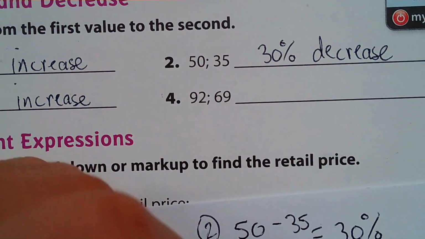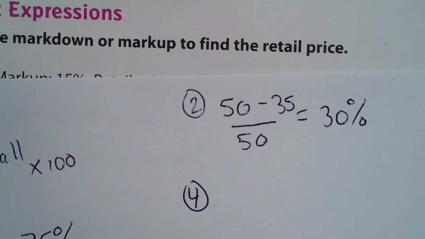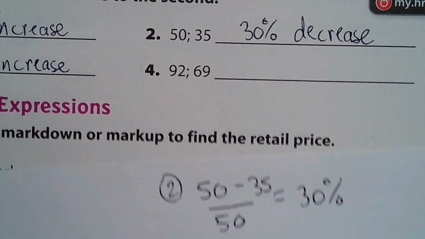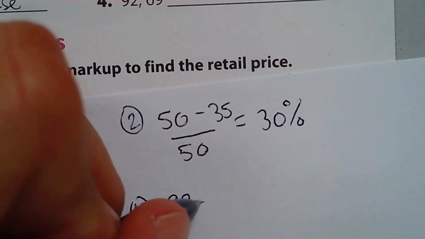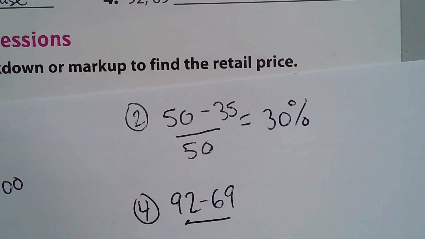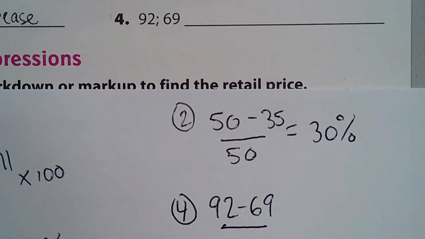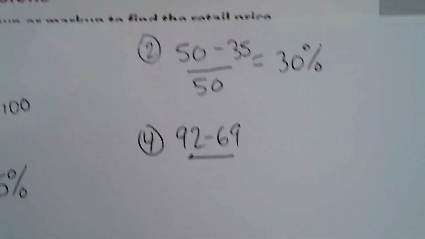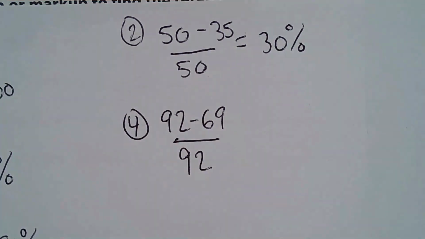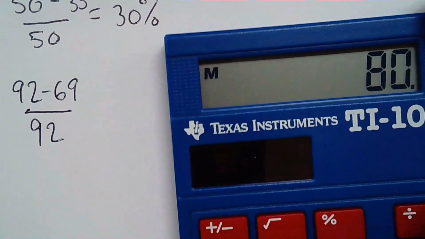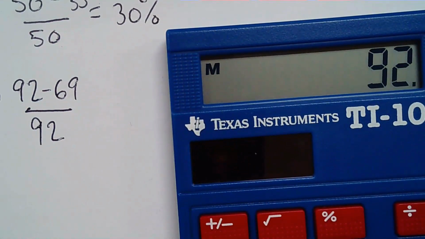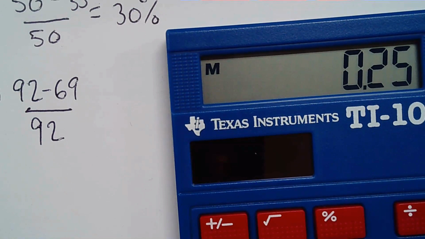That's number 4, which is 92 and 69. So 92 minus 69 divided by the first number that's given, which was 92. So off to the side here, we have 92 minus 69 is 23, divided by 92 is 0.25.